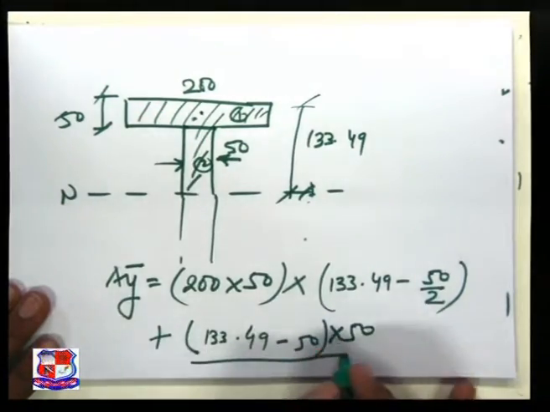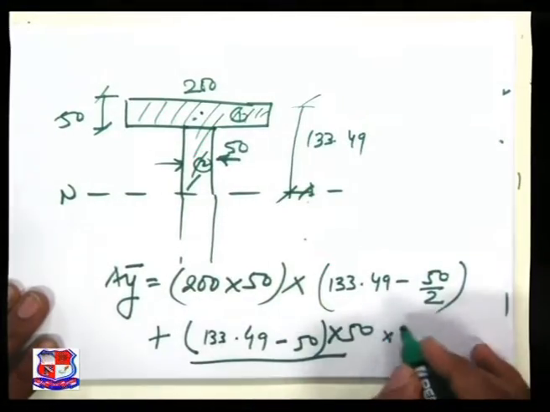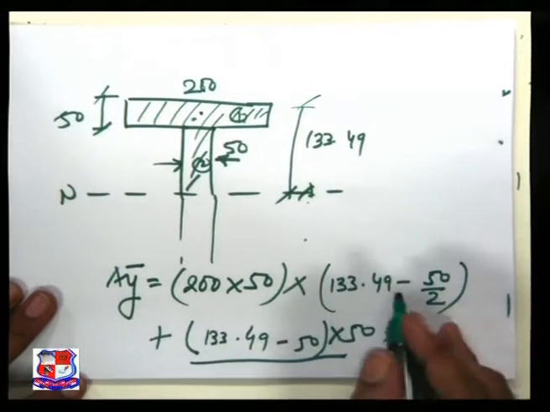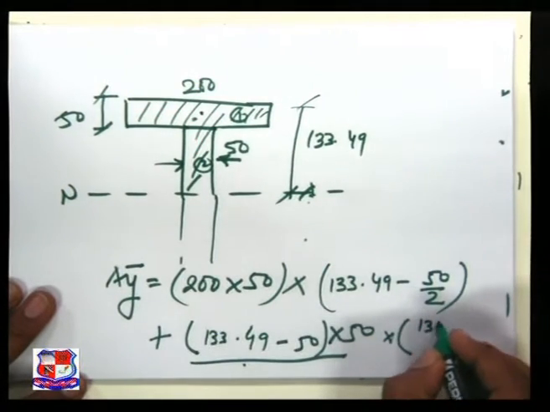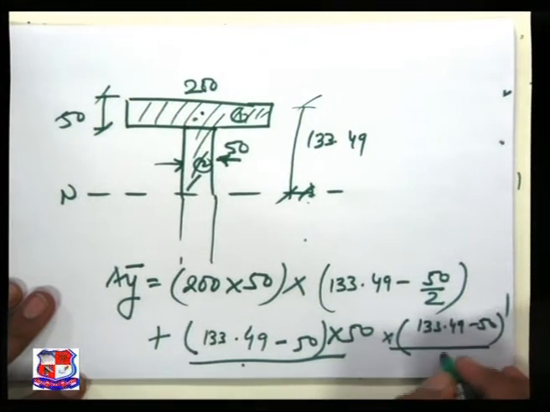This will become the area of this shaded figure, multiplied by the y bar distance, that is nothing but 133.49 minus 50 divided by 2.